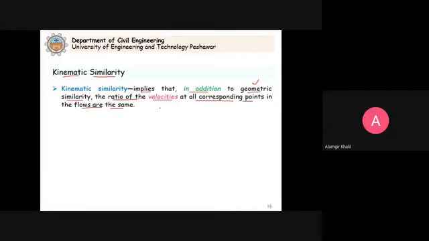So it means that if kinematic similarity exists between the model and the prototype, this will automatically ensure that they are geometrically similar also. So in that case, the velocity scale ratio that we defined as VR is equal to Vp by Vm.